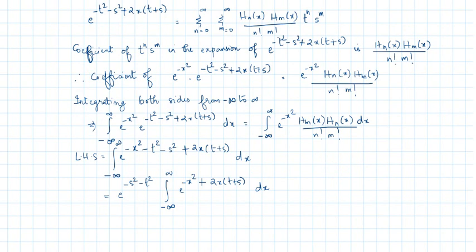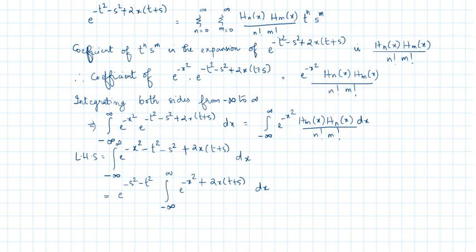Now, what am I trying to understand from this relation? I say that this exponential term is generating a series such that the coefficient of t raised to n, s raised to m in the expansion is this thing. I have multiplied this with an e raised to minus x square factor.